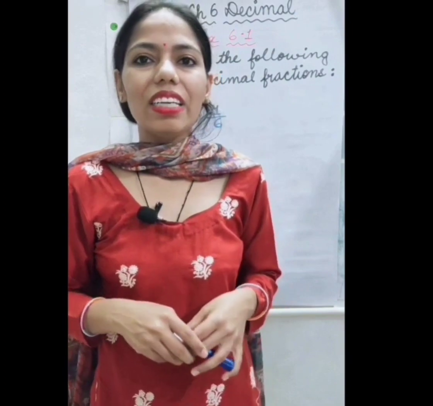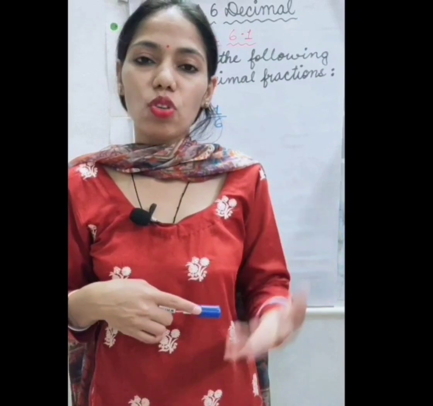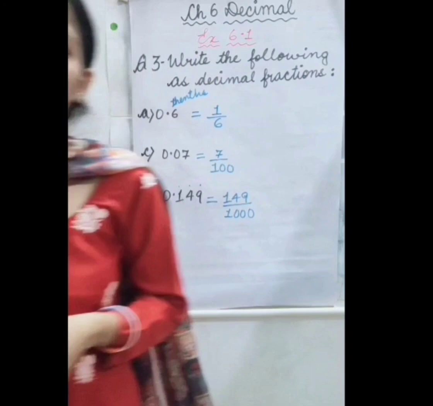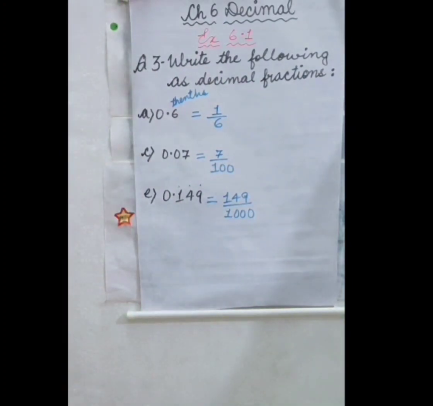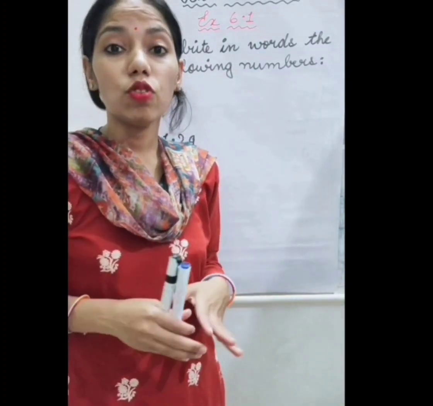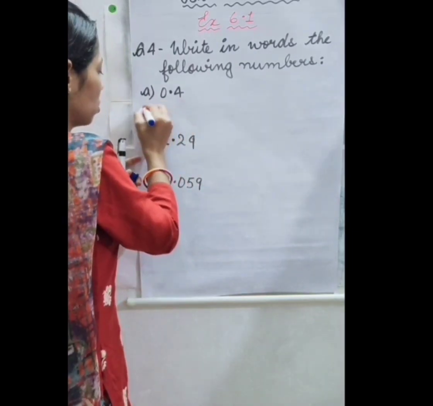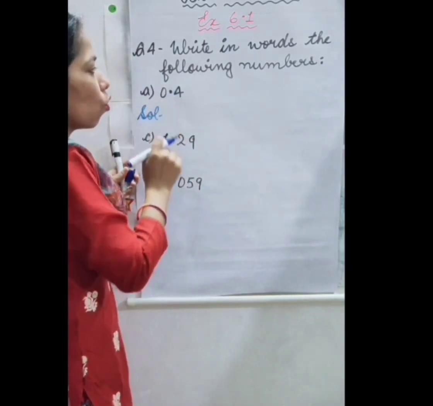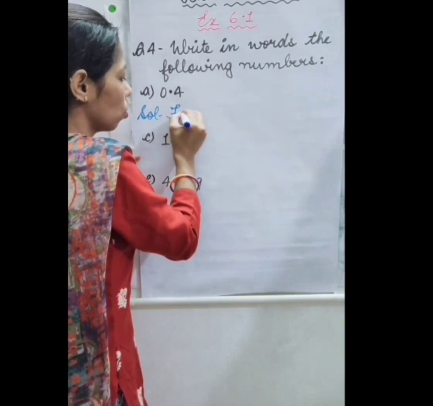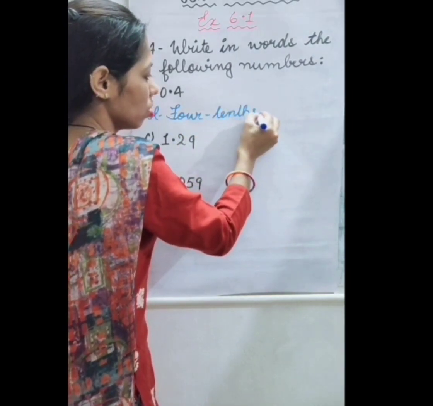Question number 4 is write in words the following numbers. Some decimal numbers are given and we have to write these decimal numbers in the form of words. So first is 4 and it is in the place of tens, 4 tens.